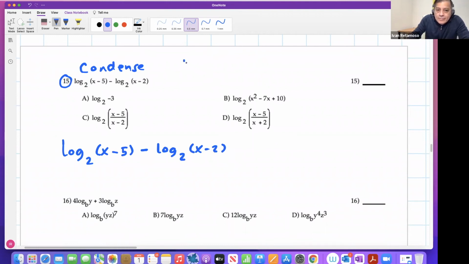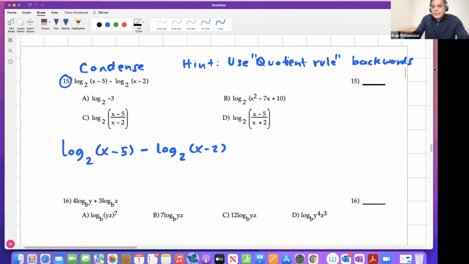So hint: use the quotient rule backwards. Yeah, very good, guys. Use the quotient rule backwards. Can you try it?